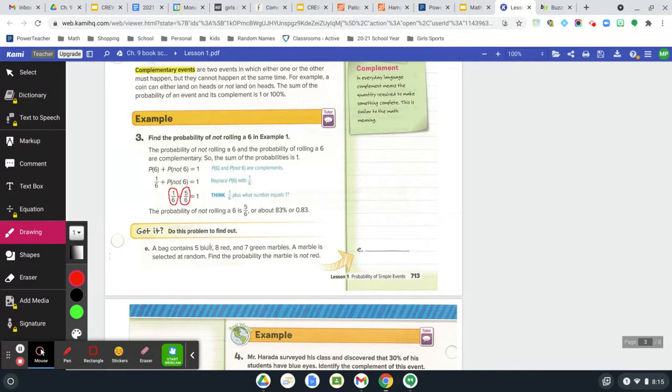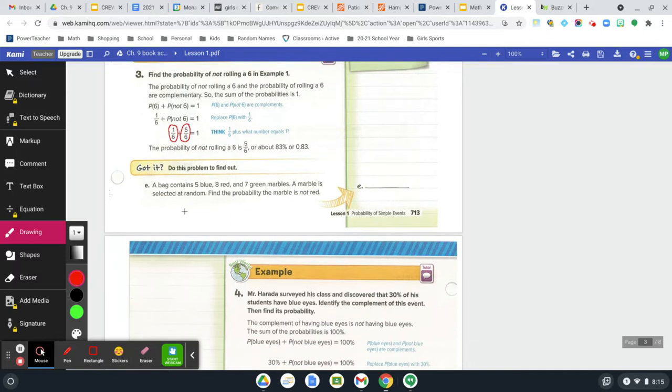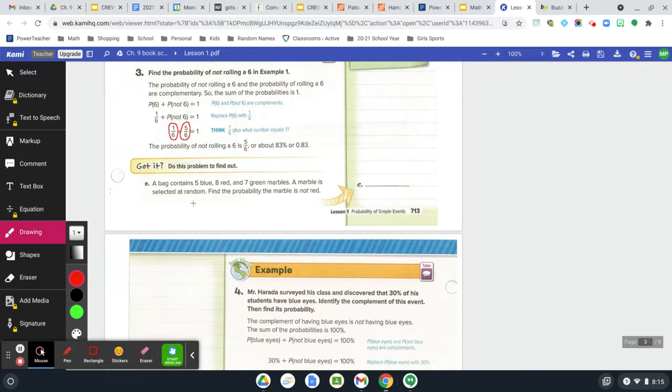So let's try one. Got it in letter E here. This says a bag contains 5 blue, 8 red, and 7 green marbles. A marble is selected at random. So what's the probability that the marble is not red? Not red.